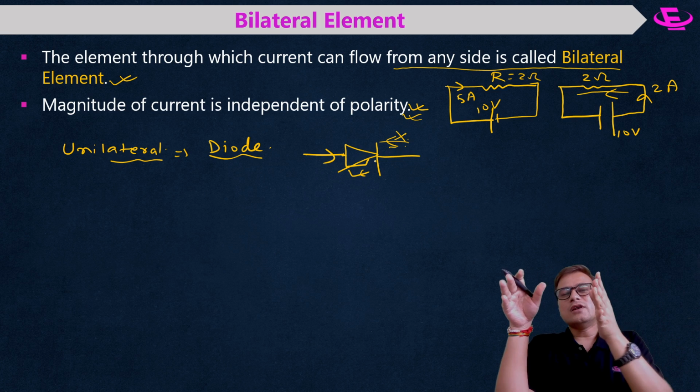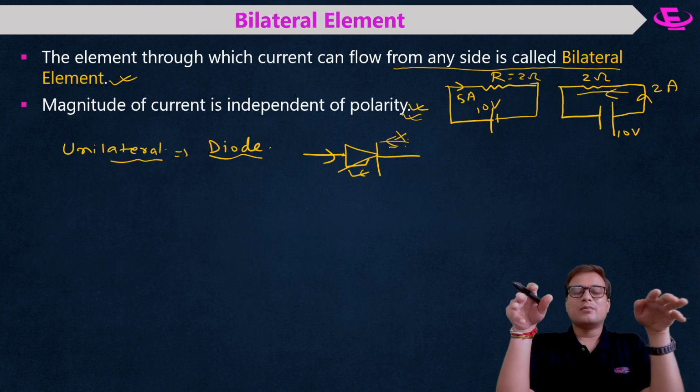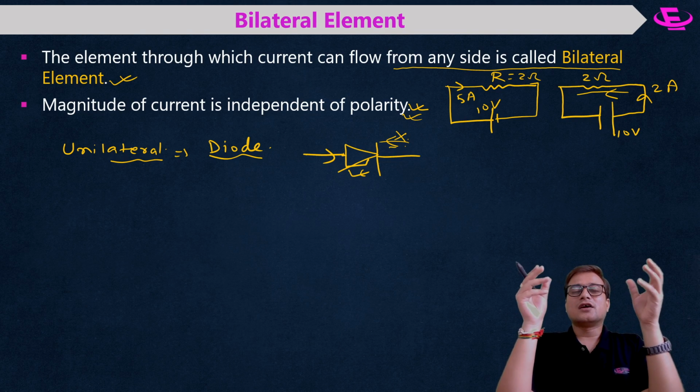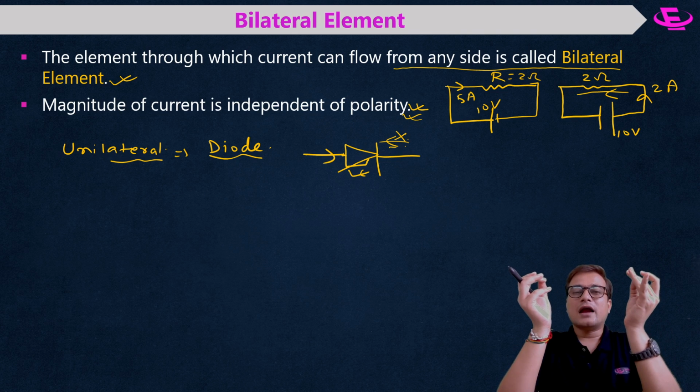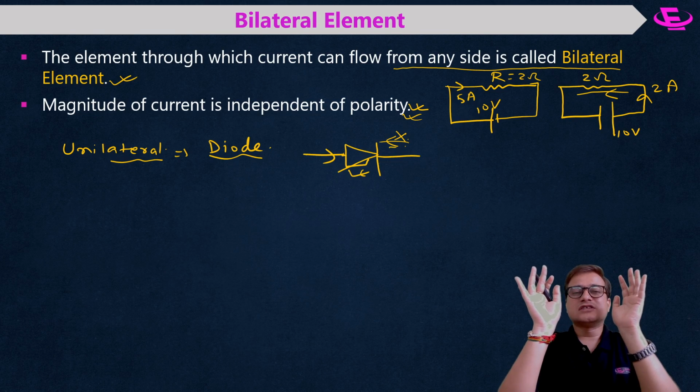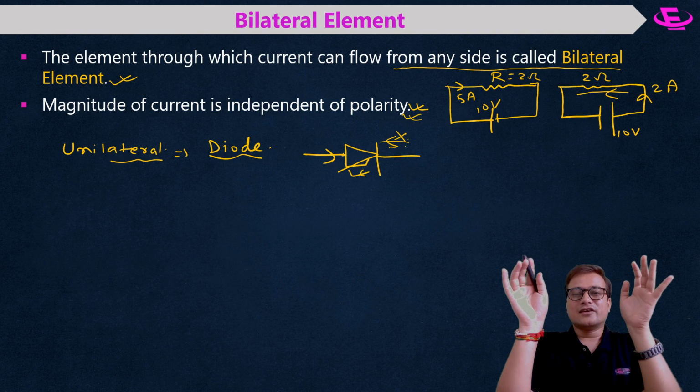When you study network theorems, Thevenin's, Norton's, maximum power transfer theorems, there you will read the term linear active bilateral network. What does it mean? A network which consists of linear, active and bilateral elements.